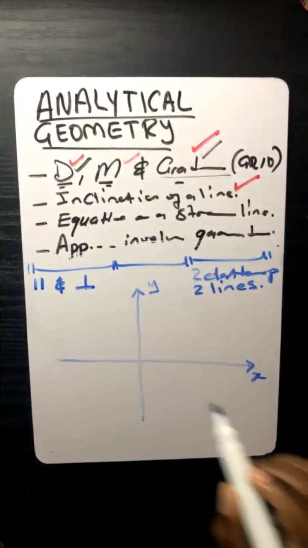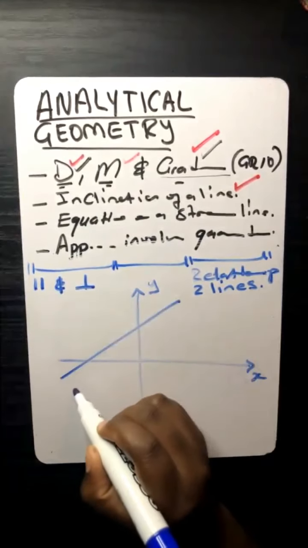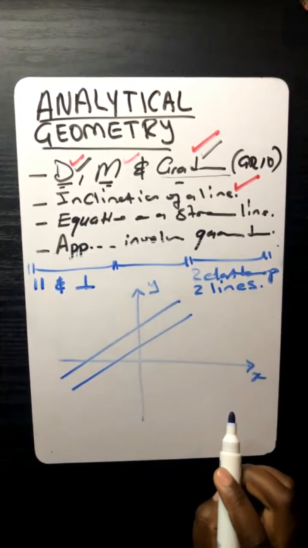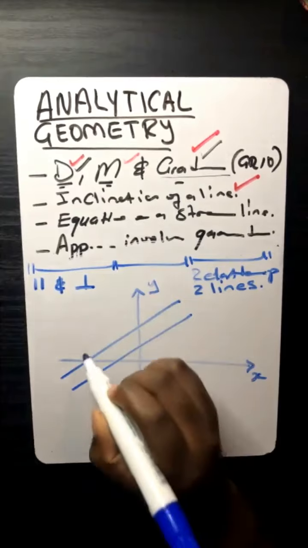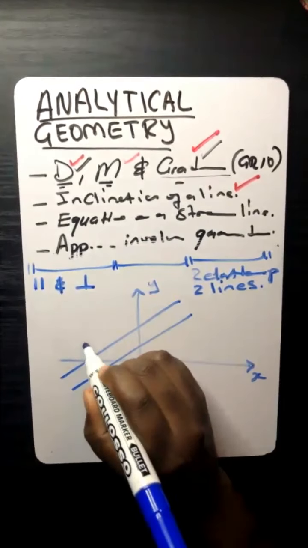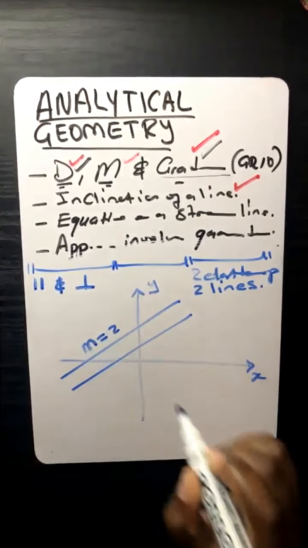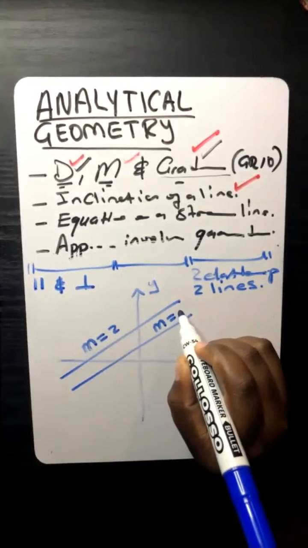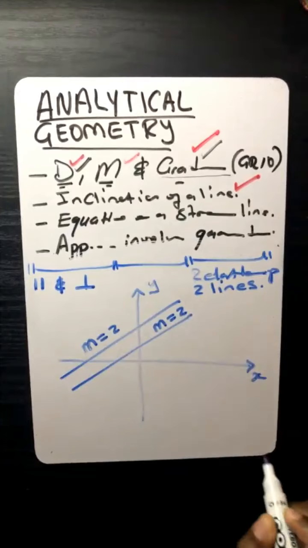We know very well that for these lines to be parallel, they must have the same gradient. So that means if for this line m is equal to, obviously a positive number, positive 2, then this should also have a gradient of positive 2.